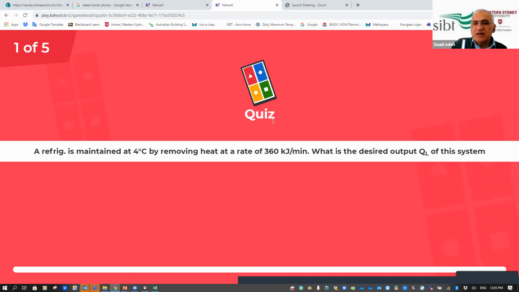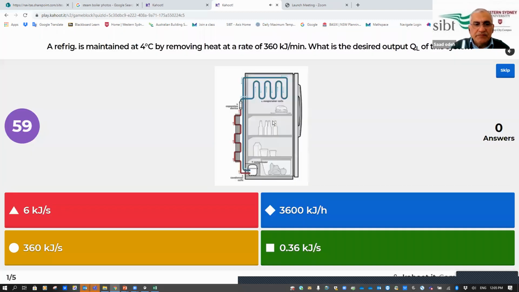What is the desired output QL? You need to convert minute to second, so you need to get it in kilojoule per second. So you need to divide by 60, correct? Because it's minutes. We said that QL is this one.